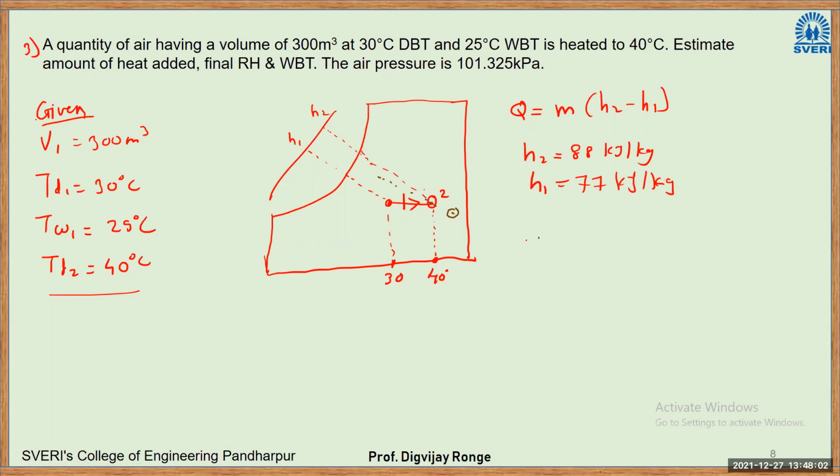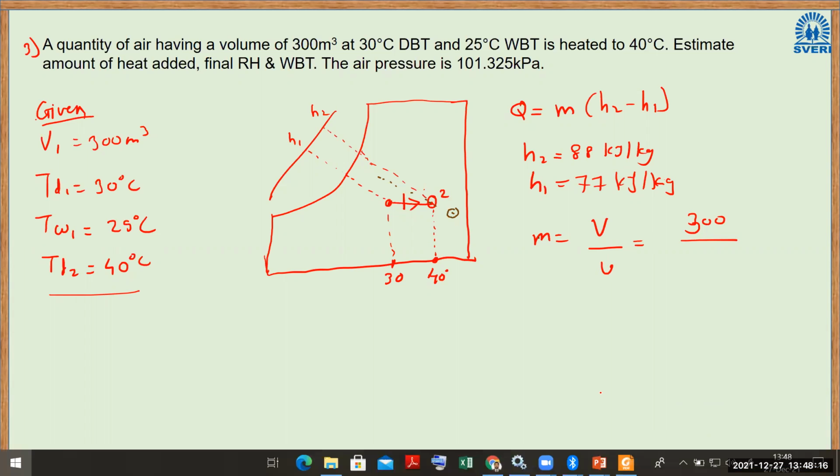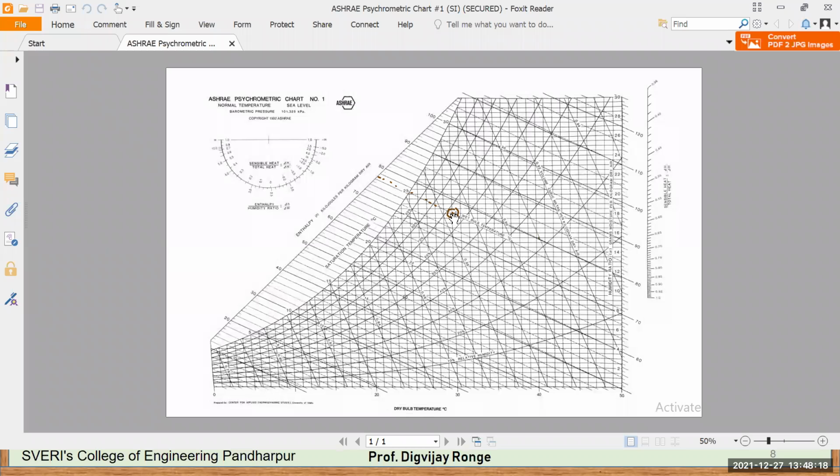How to calculate the mass flow rate? So mass flow rate will be equal to total volume divided by specific volume, right? So total volume is 300 meter cube, and the specific volume you can calculate from the graph, right? So here the specific volume at this point 1 you can take from the graph.